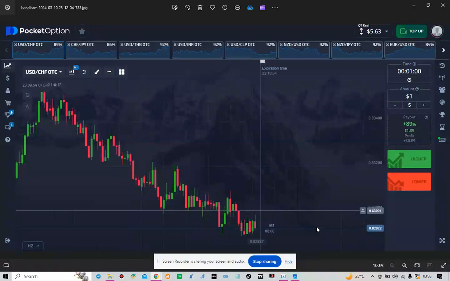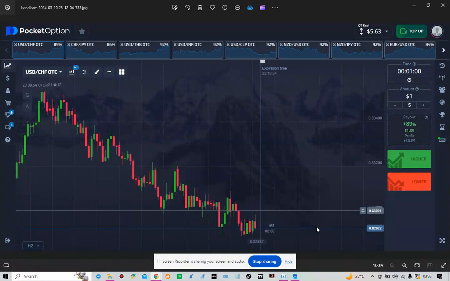So now I'm starting from $5. I decided to make a profit of $20. After this, if my account is now $20, I will stop. This is for beginners. I'm going to be using $1 on each trade.